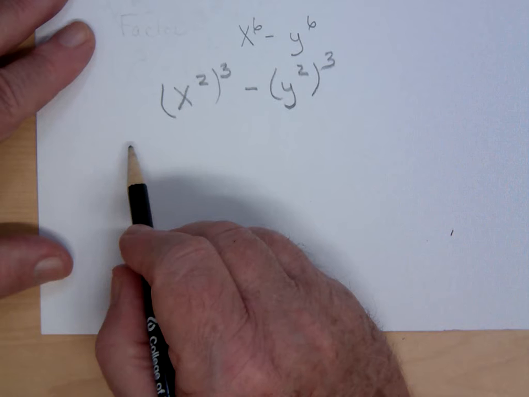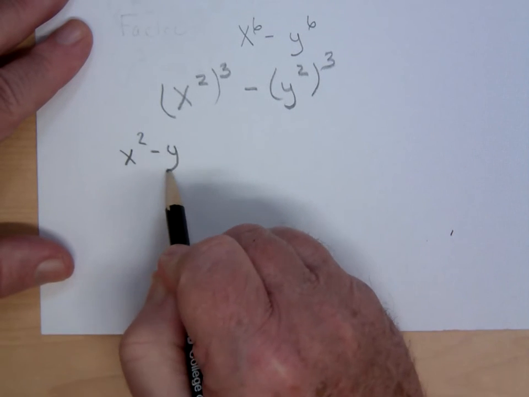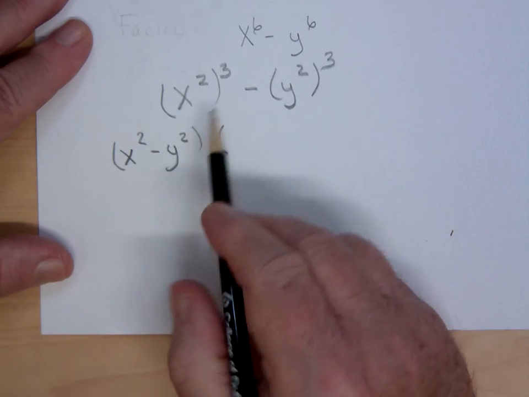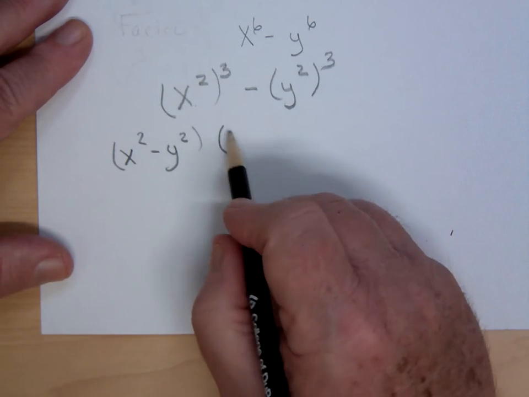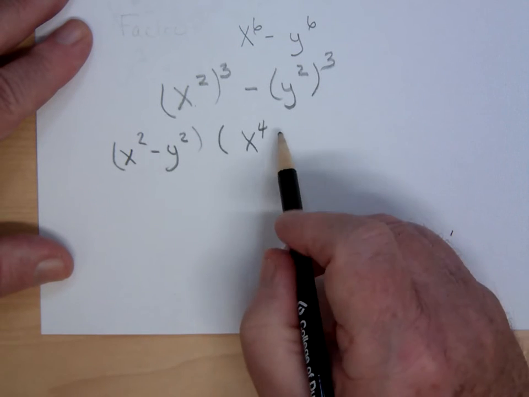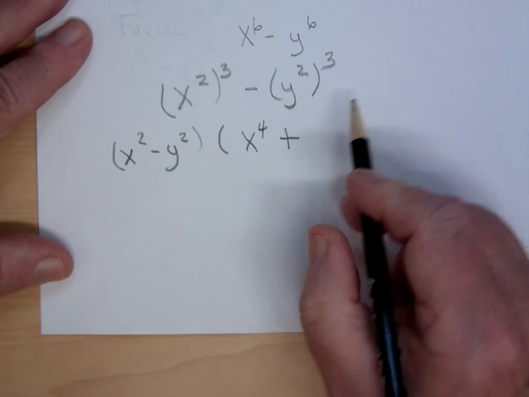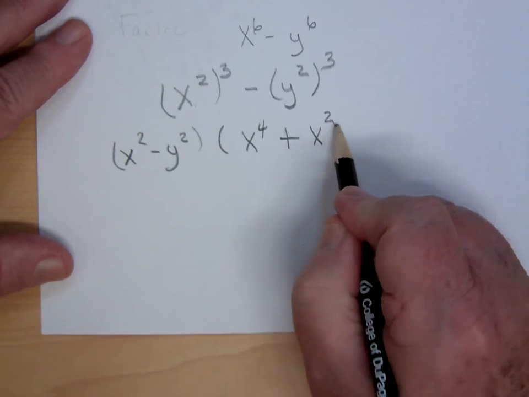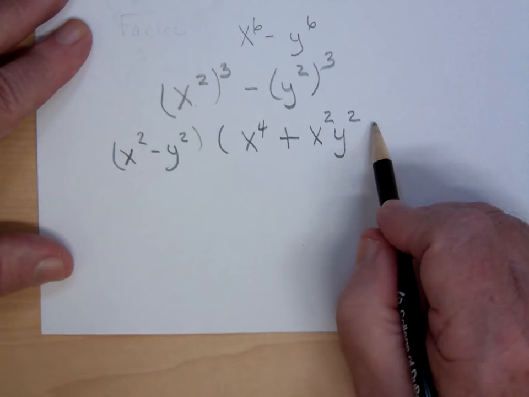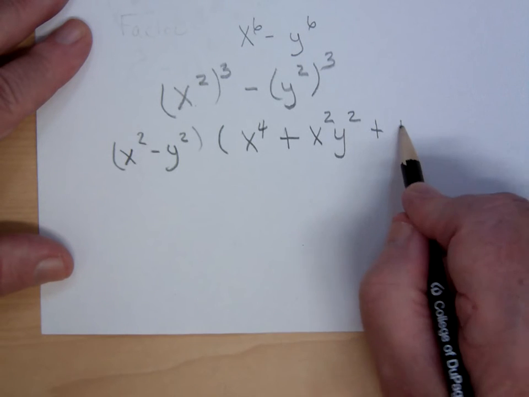This is a minus b times a squared, which is x to the 4th, plus x squared y squared, and then plus y squared squared, which is y to the 4th.